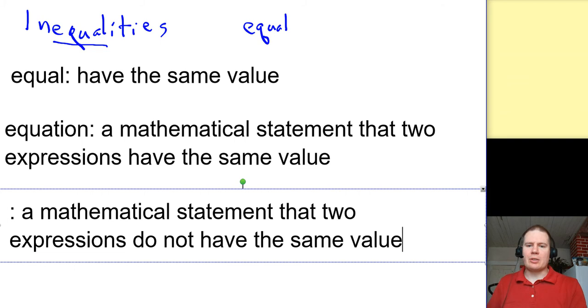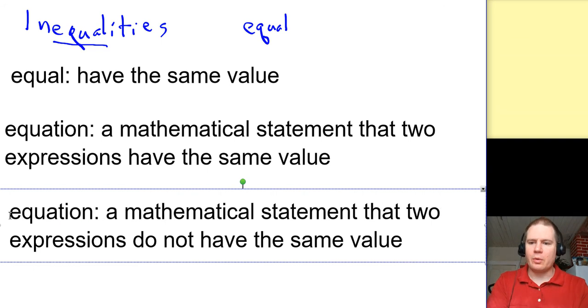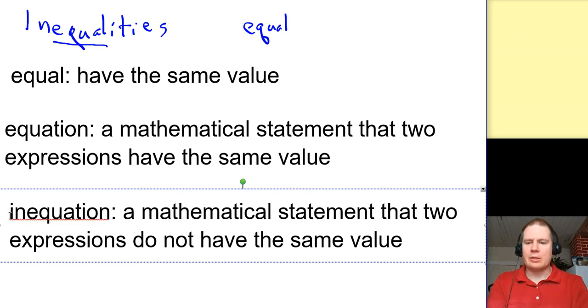Okay, we need something that's an antonym of equation, a not equation. And in the English language, for words that start with a vowel, one way to say the reverse of that is to preface that word, equation, with in or un.